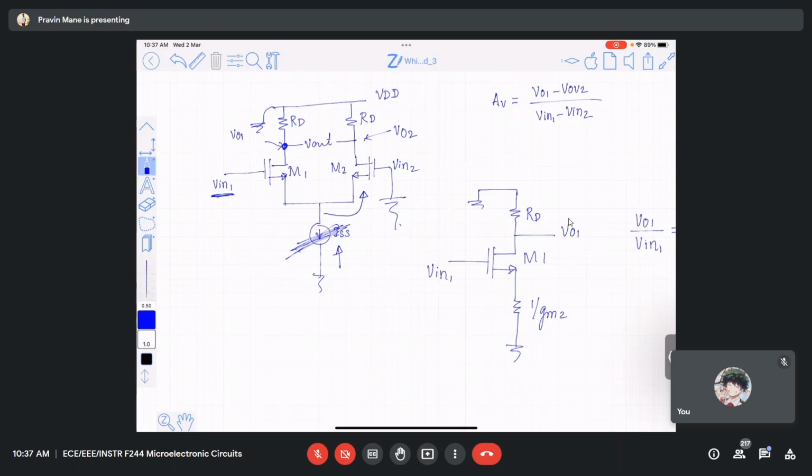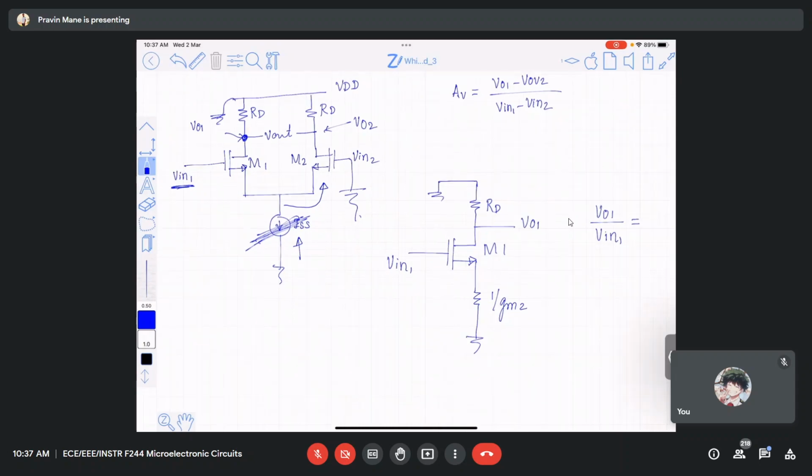Okay, got it, sir. So that is GM2. 1 by GM2 is the resistance offered by M2 when I look from the source terminal of M2 into it, right? Yeah, right, sir. Got it.